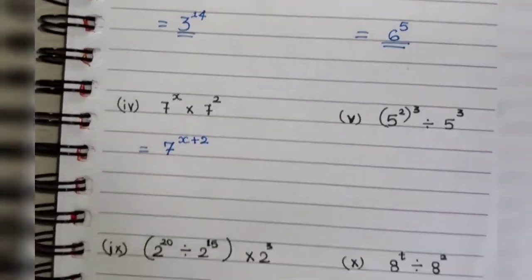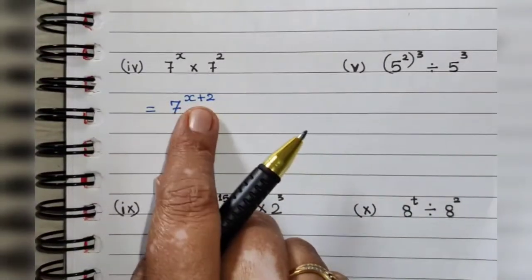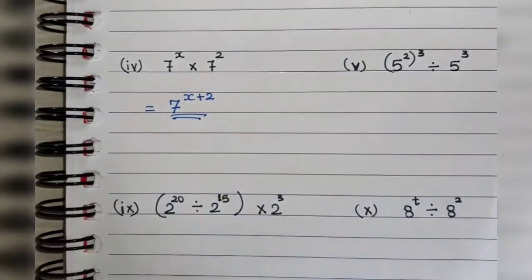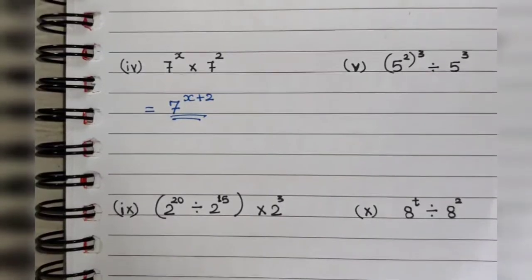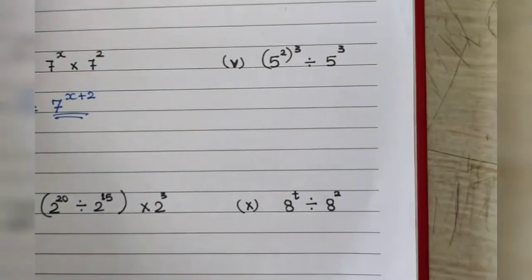But when letters are there with the numbers, addition is not possible. Then this kind of power will remain as it is and that is your answer. Understood, student?